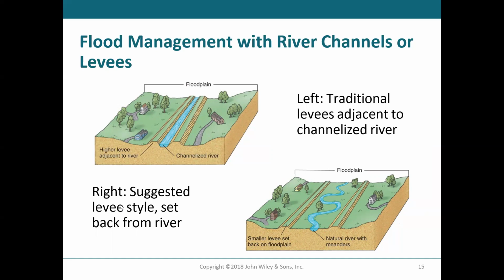Today, levees allow rivers to meander, and then there are smaller levees set on the back of the floodplain. So the river has more space to flood, with levees towards the end of the floodplain.